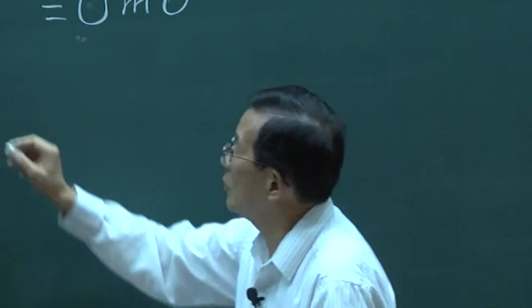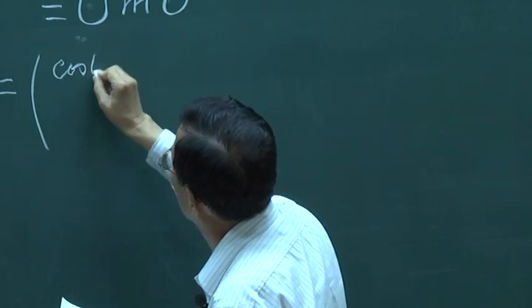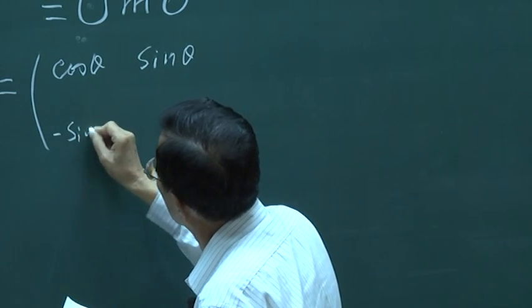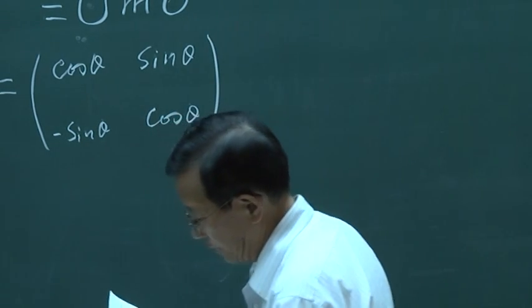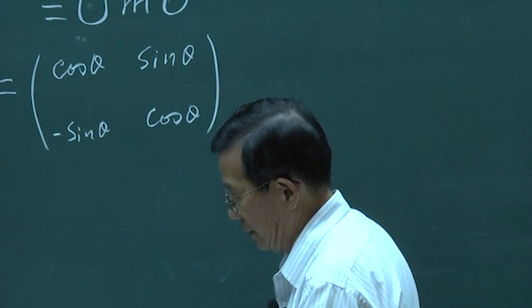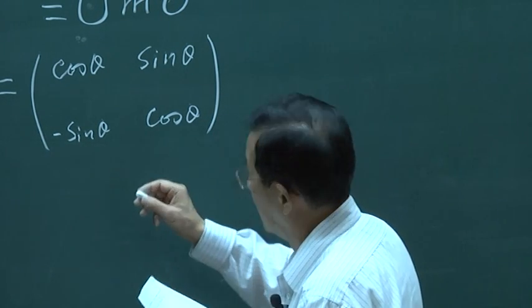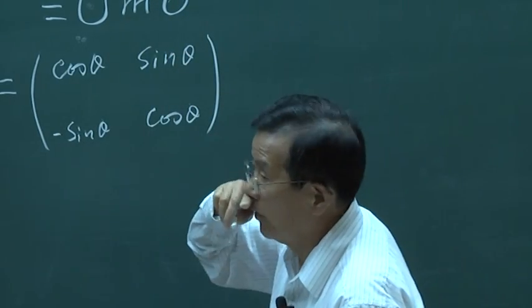Okay? And then this orthogonal matrix is very simple: cosine theta, sine theta, minus sine theta, cosine theta, the one you are familiar with. And then the eigenvalues, let me give it a prime, because I'm going to use m for the final answer.